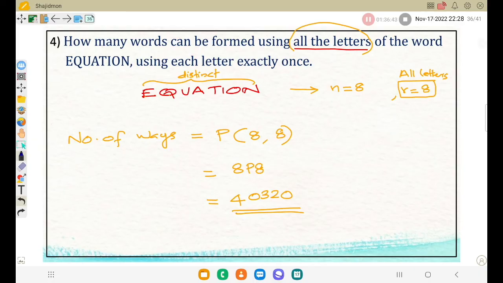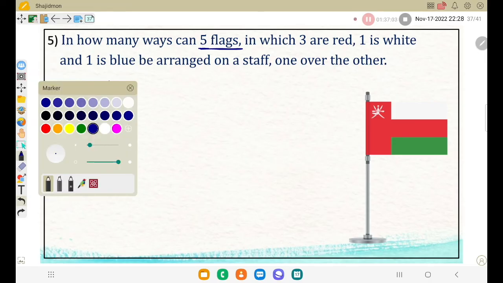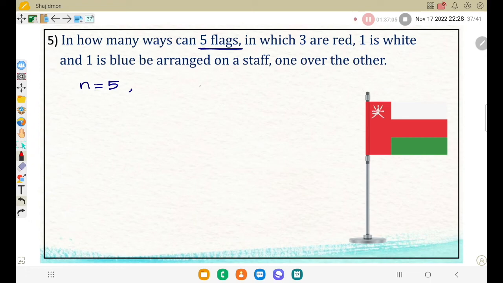Okay, now let me go to question number 5. What is question 5? How many ways can 5 flags be arranged? How many flags do we have totally? 5 flags. That means n equal to 5. Totally we have 5 flags, in which 3 are red. 3 flags are red, so I can write R, R, R. 3 red flags.